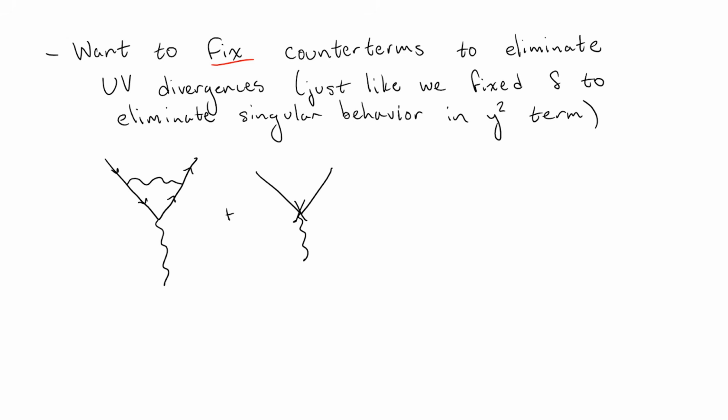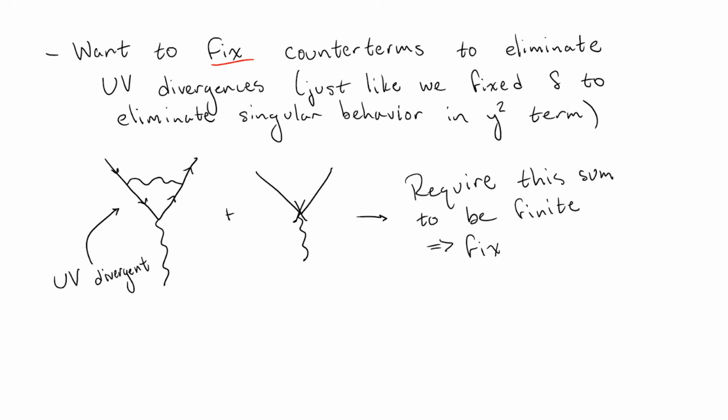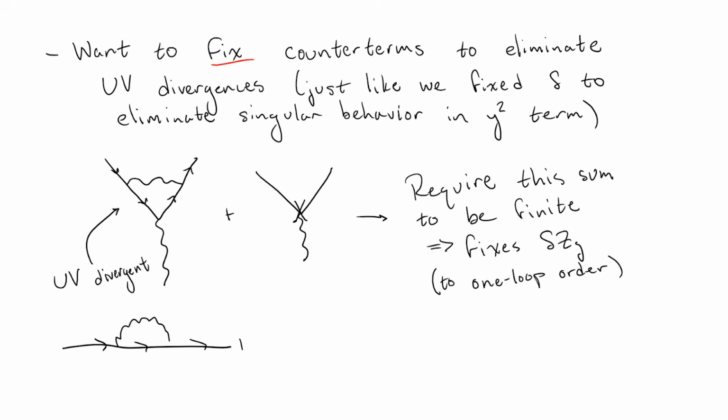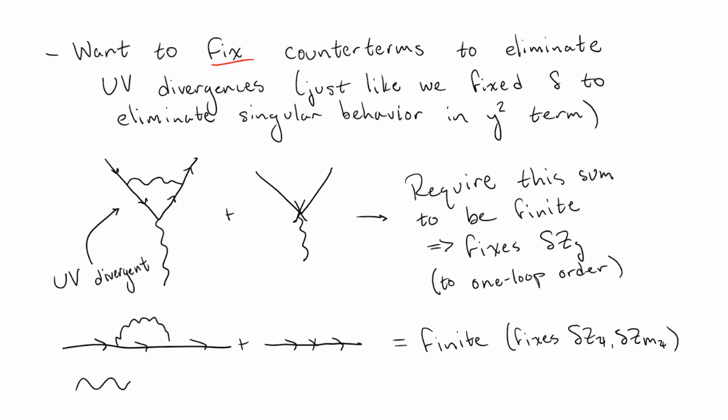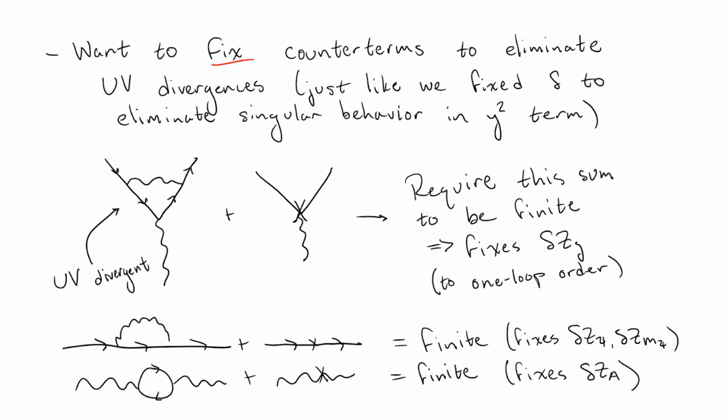The loop corrections can be UV divergent for the same reason as before. So, if we define the counterterm so that it exactly cancels these divergences, the corrections to the QED vertex will always be finite. We can also do this same procedure with loop corrections to the propagators to find the counterterms corresponding to our fields and our masses.